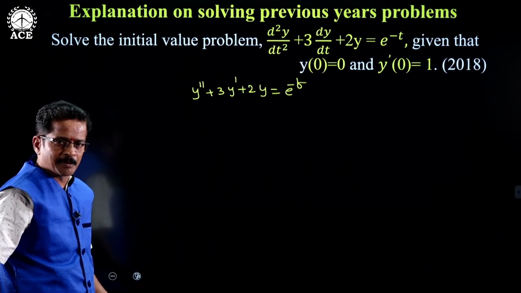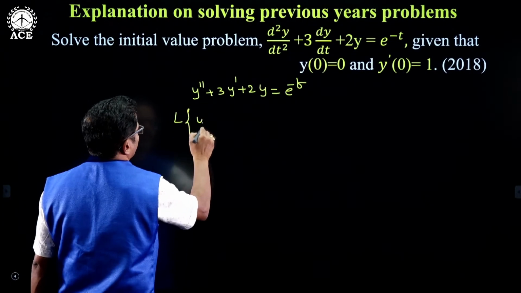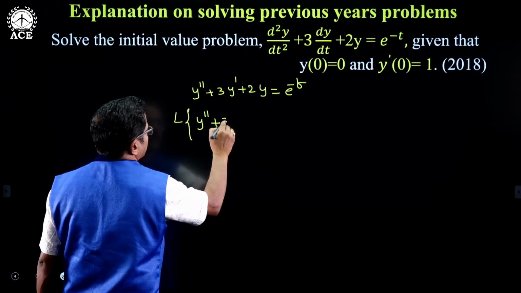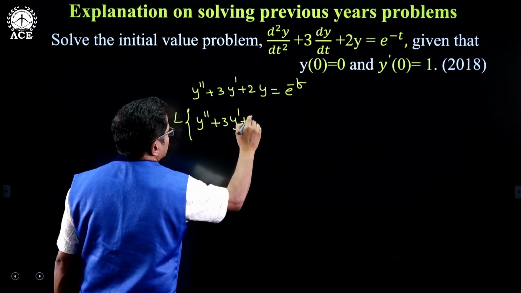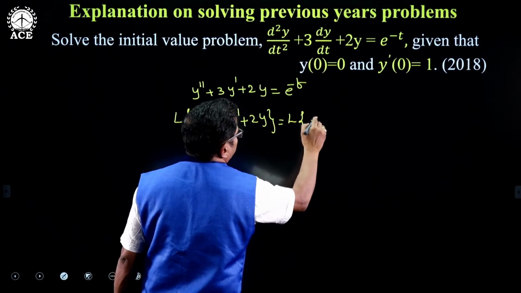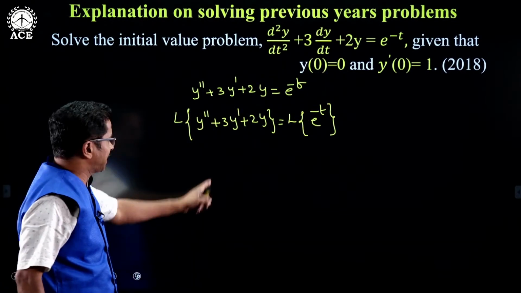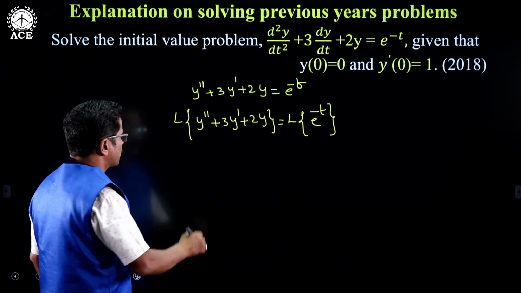For this I am taking Laplace transform on both sides. So L of y double dash plus 3y dash plus 2y is equals to L of e power minus t. Now I will take the Laplace transform of every individual term.